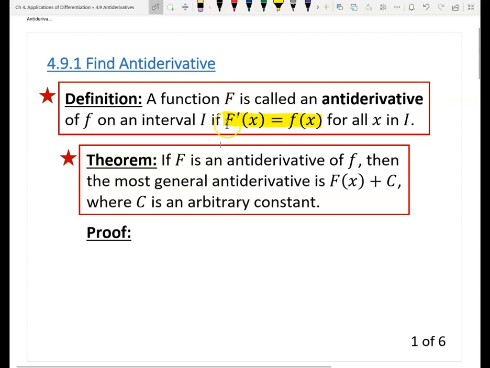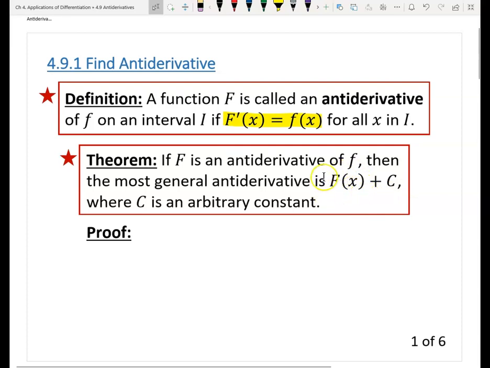Capital F like this, or capital G, or other capital letters we call antiderivatives. So now if capital F is an antiderivative of a lowercase f, then the most general antiderivative is capital F plus C. C is a constant number. Any constant number. What does this mean?